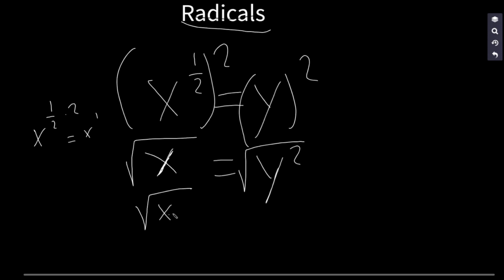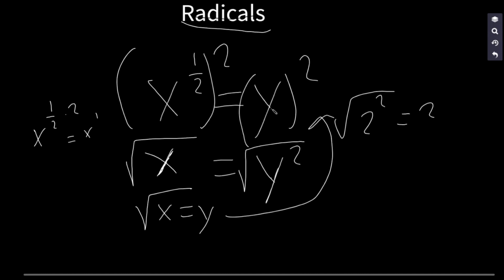If we square a number and then take the square root, like 2 squared and then the square root, what this is asking is what number squared gives us 2 squared, and that's just 2. So the number that squared gives us y squared is just y. So the square root of x equals y, but from the first line, we know that y is equal to x to the 1/2. So we say that the square root of x equals x to the 1/2.